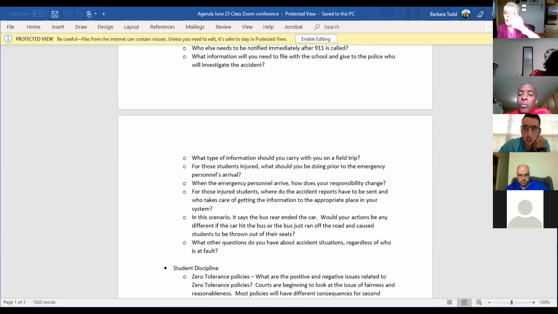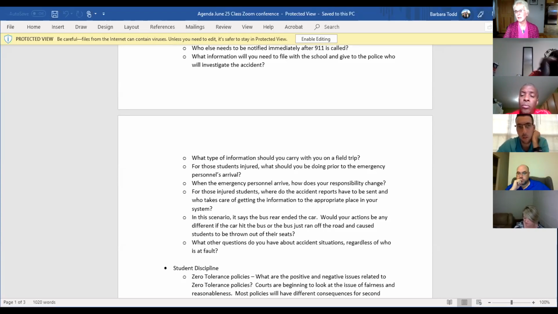Now, do you know why they need it? To decide who's at fault, possibly? Nope. The Attorney General's office is the one that gets the bills when there's a bus accident. So you have to get the information from the parents and let someone be in charge of collecting all that information and get it sent to the appropriate people at the Attorney General's office.